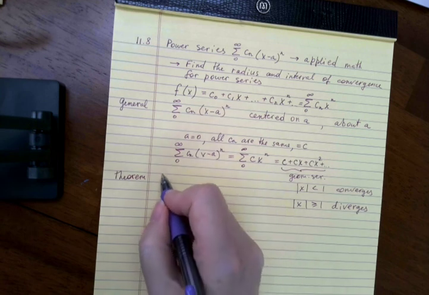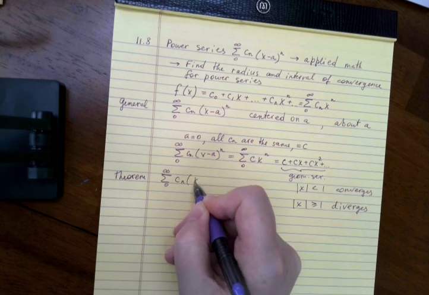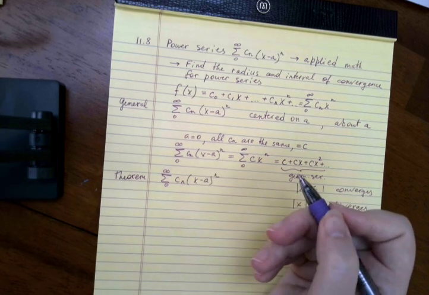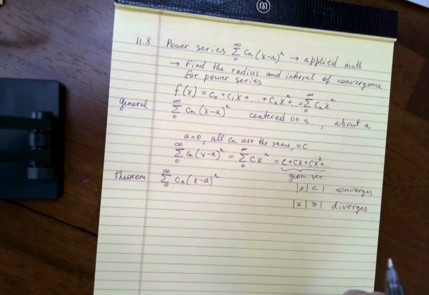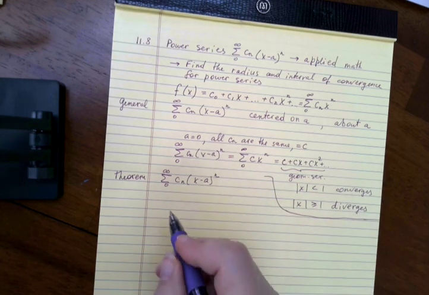If we have a power series, the sum from 0 to infinity of cn times x minus a to the nth, it can behave in the following three manners.